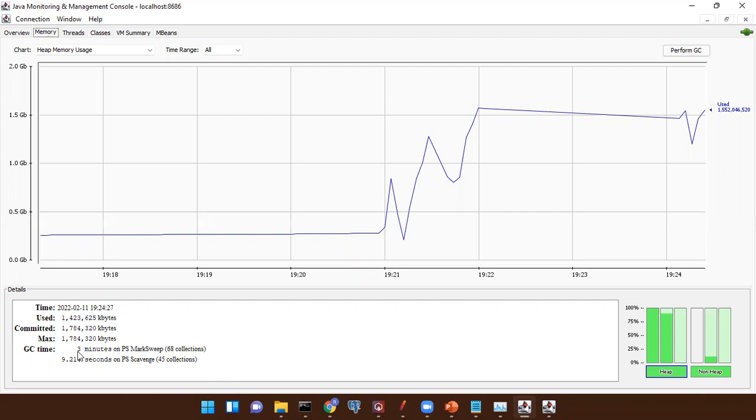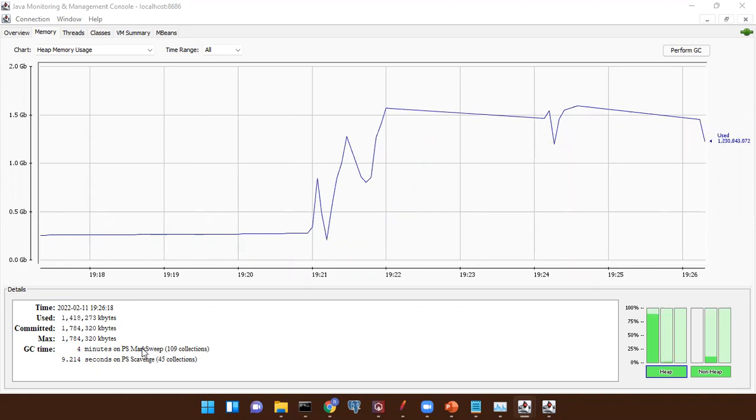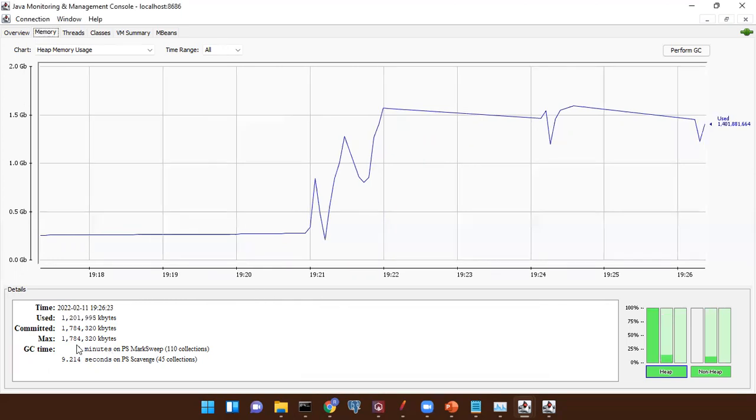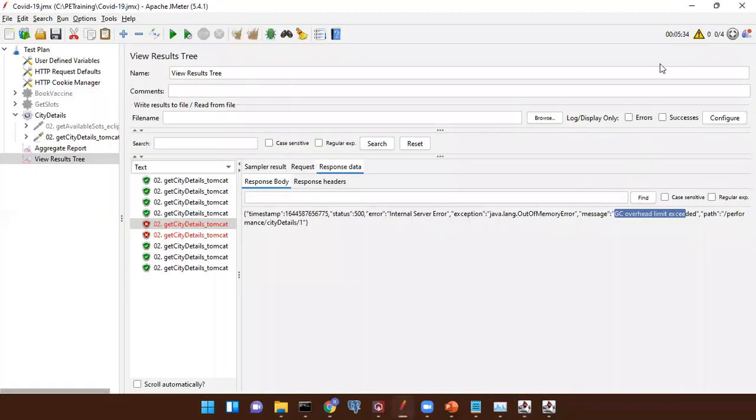Another point we need to look at here is the amount of time spent on GC. The MarkSweep, that is garbage collection on the old generation, took around 4 minutes. 4 minutes is way too high. Definitely it should not take so much time for garbage collection, because we have been running the test for around 5 minutes.